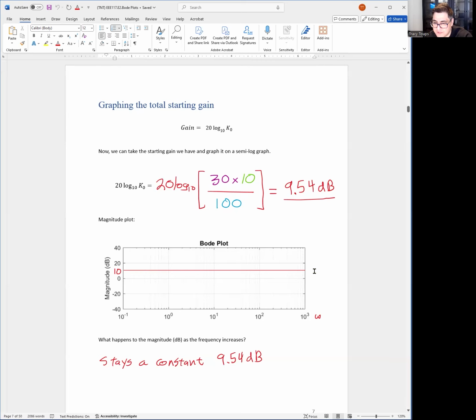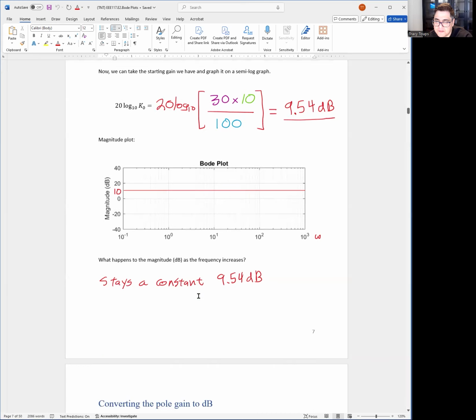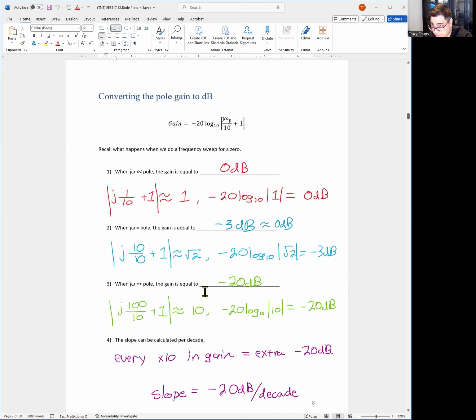So that's a big advantage. That's a big thing to note: this is constant no matter what the frequency is. It's always going to multiply this circuit by a flat amount. So that's the first one, the straight gain of the circuit.